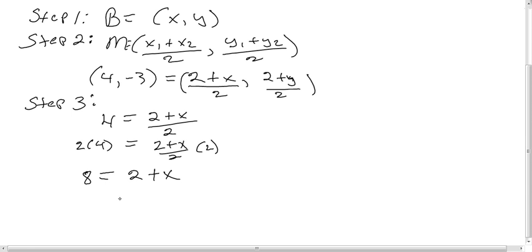Okay, so now, solving for x, I need to subtract 2 from both sides. So 8 minus 2 is equal to 2 minus 2 plus x. This gives us 6 is equal to x. Okay, so we found the x of B. Remember, we're looking for B, the second point, so we found x.